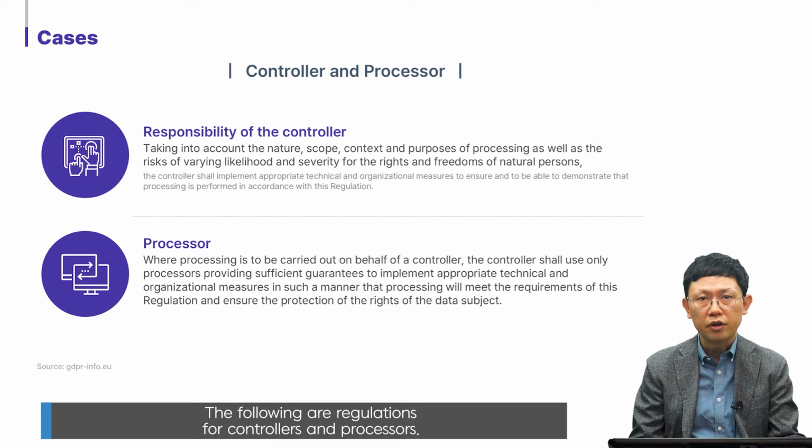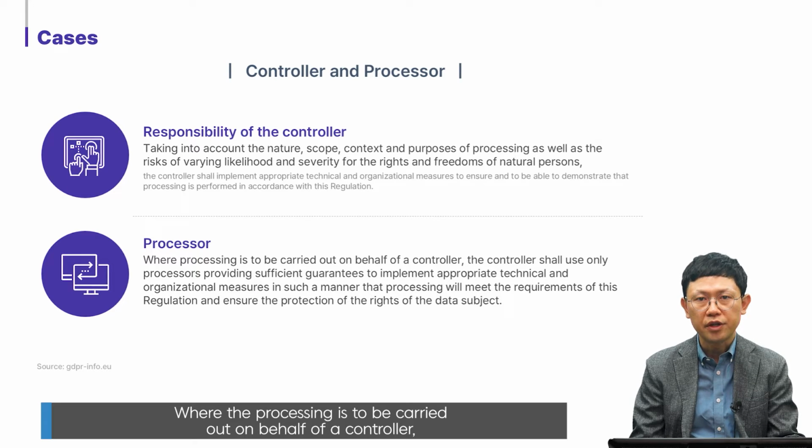The following are regulations for controllers and processors. Taking into account the nature, scope, context, and purposes of processing, as well as the risks of varying likelihood and severity for the rights and freedoms of natural persons, the controller shall implement appropriate technical and organizational measures to ensure and to be able to demonstrate that processing is performed in accordance with this regulation.